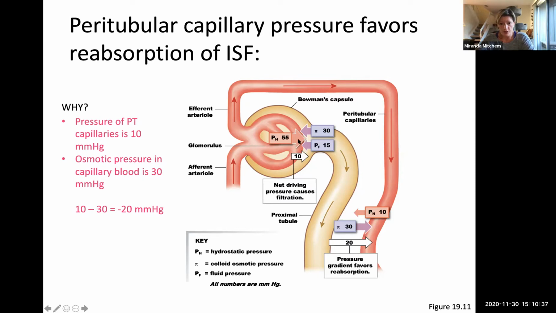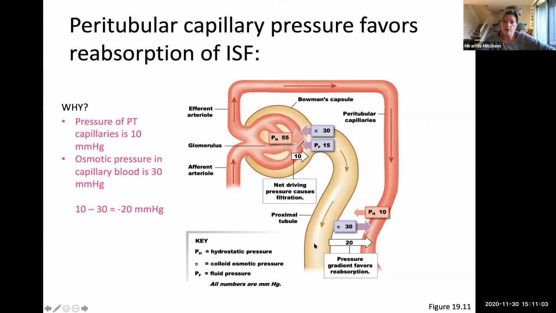The filtrate pressure is 55, but we have to subtract our opposing forces that come from the proteins that are present, as well as the pressure created in Bowman's capsule. So we're left with a net driving pressure of 10 millimeters of mercury going down into the proximal tubule.